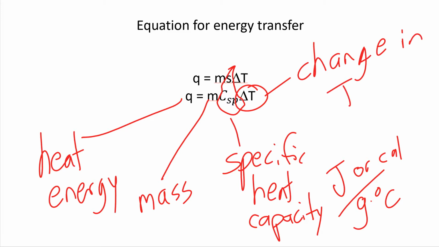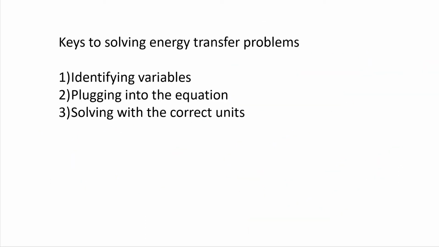As you remember from the labs that you did, you figure out the change in temperature by taking the final temperature, T subscript F, and subtracting the initial temperature, T subscript I. So delta T is equal to TF minus TI, the final temperature minus the initial temperature. So basically what's being asked on this quiz is that you solve this equation.